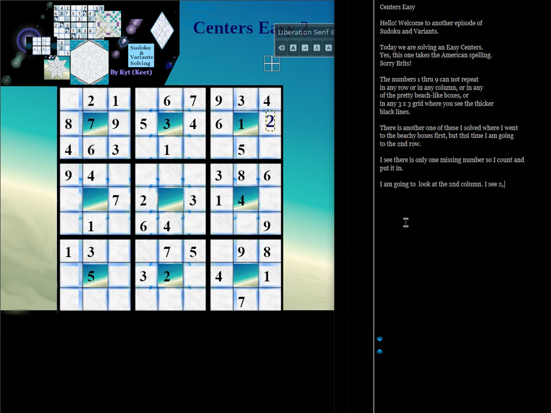I see the 2, 7, 6, 6, etc. I will count and know I am missing the 8 and 9.